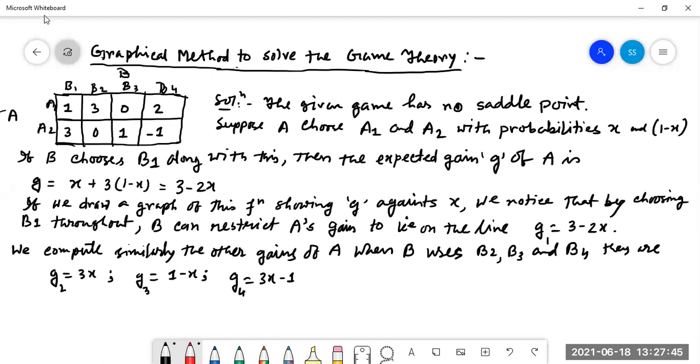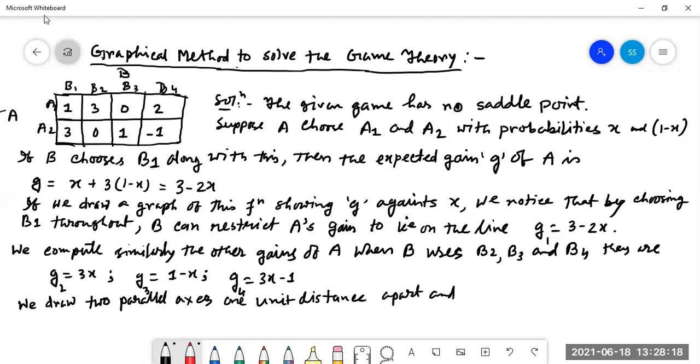Now we draw two parallel axes, 1 unit distance apart, and mark a scale on each.